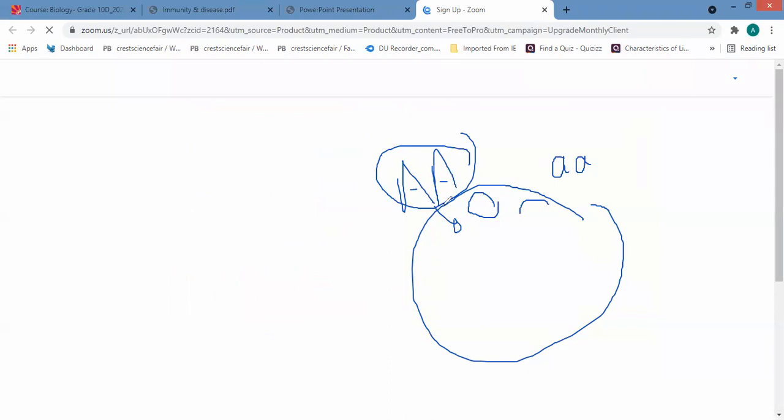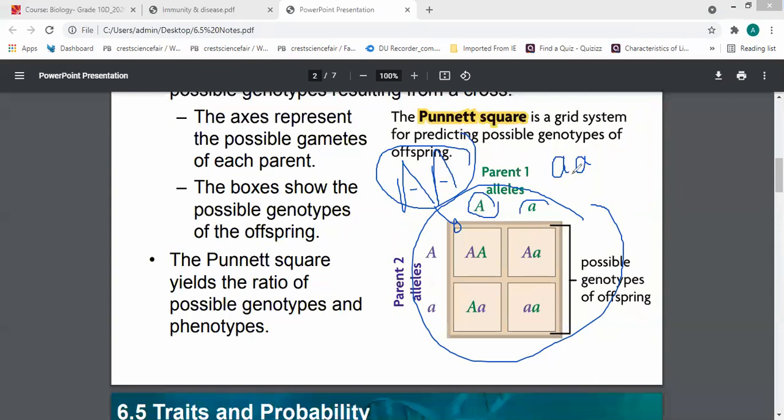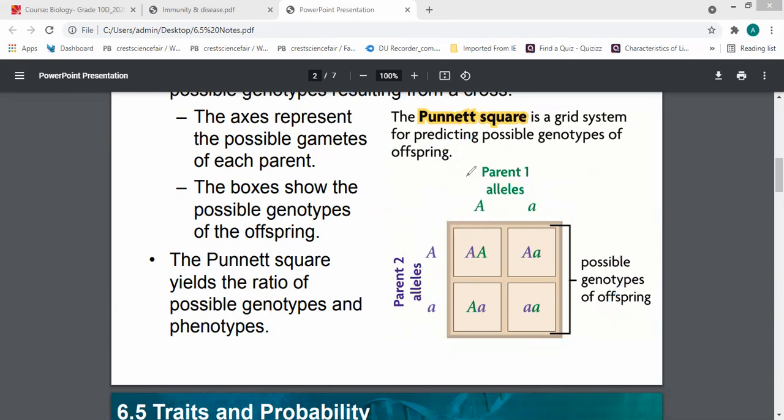So the difference between capital A, small a: this one gives A, this one gives small a, so it will be maybe capital A, capital A, small a. Is it clear? So this square helps you predict the possible genotype of the offspring.